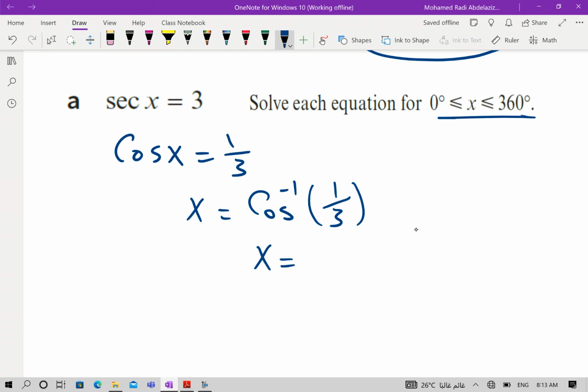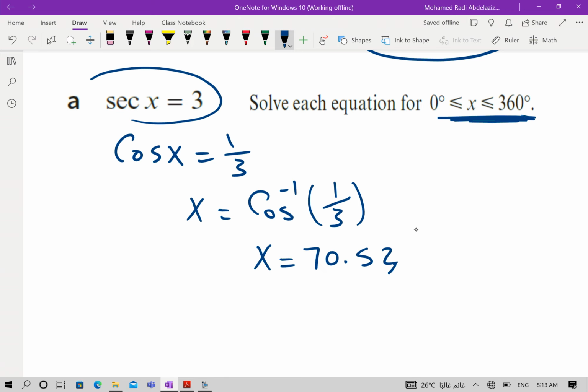Look at the values given in degrees. Change your calculator to degree system. Shift cosine x equals 70.52.